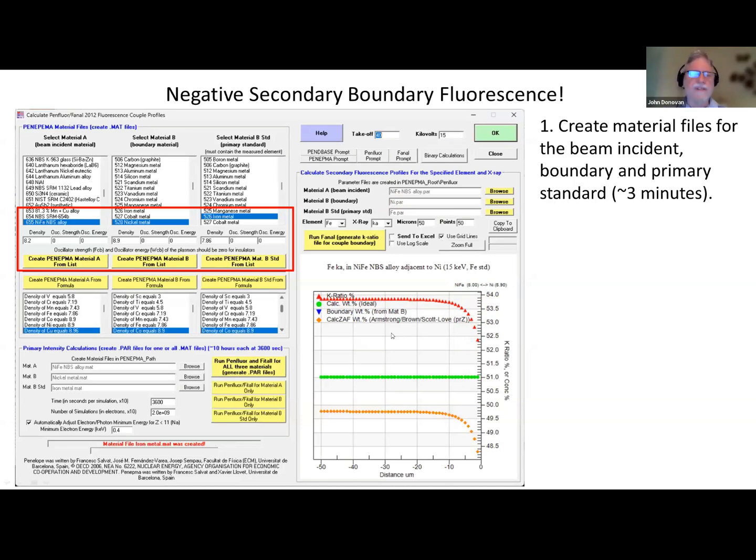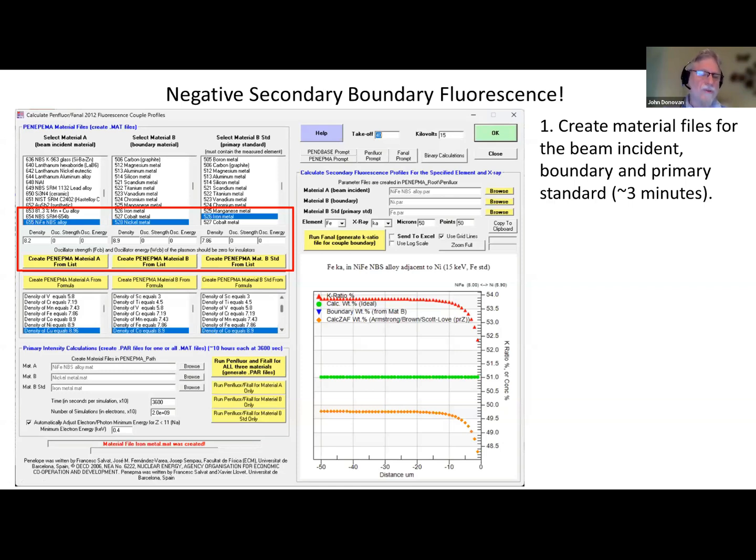Let me take you through the steps to run this, because this is in the free CalcSAF software. It's actually in the standard app, but it comes with the CalcSAF software. Basically, you need to create some material. So here's your beam incident material, your boundary material, and your primary. There are about 200 or 300 compounds already calculated in the distribution. When you download it, you get all the pure elements and a whole bunch of compounds, so you can start playing with it right away.